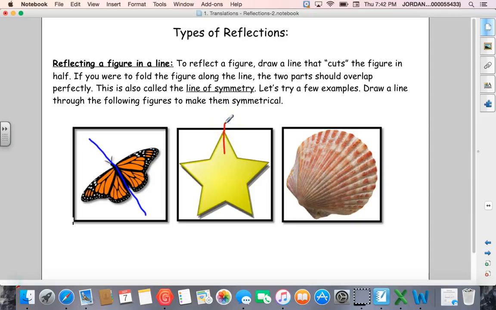You've got one that goes right down the top, one going up this way, one down that way, one this way. That's an example of one. See, it's exactly the same on the right side as it is on the left. And this seashell has another line of symmetry, with a little curve at the end, but you get the idea. It's going to cut it in half and be the same on the left as on the right. Those are reflecting lines, or lines of symmetry.